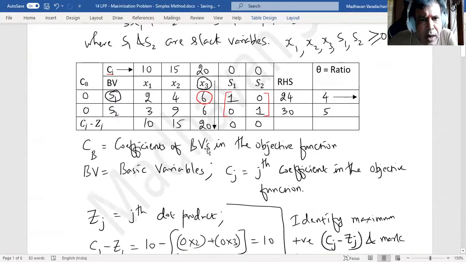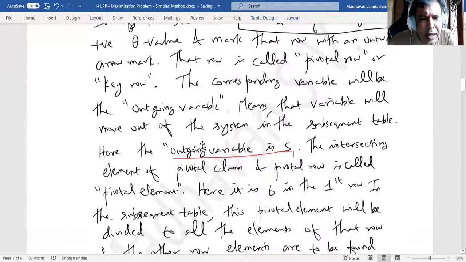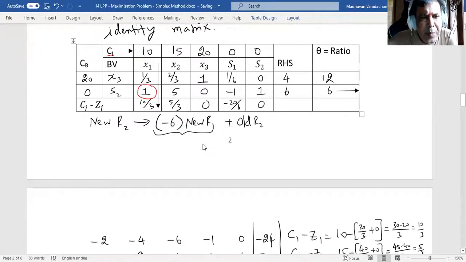So we got this as 1. But now already it is 1 only. You need not do anything. That means in this next table, I can write the same elements because it already has a 1 in it. So that means this S2 will move out because that is the outgoing variable now. X1 will come in, incoming variable. That means instead of S2, this X1 will come in the subsequent table.